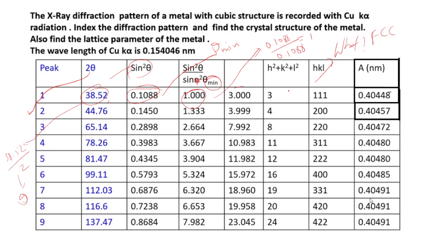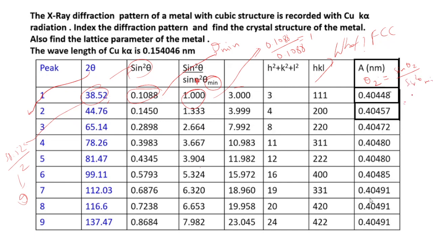I don't have much space here, so we'll just finish this problem and then I'll leave you guys. So, theta 2 is equal to sine square theta 2 divided by sine square theta minimum.